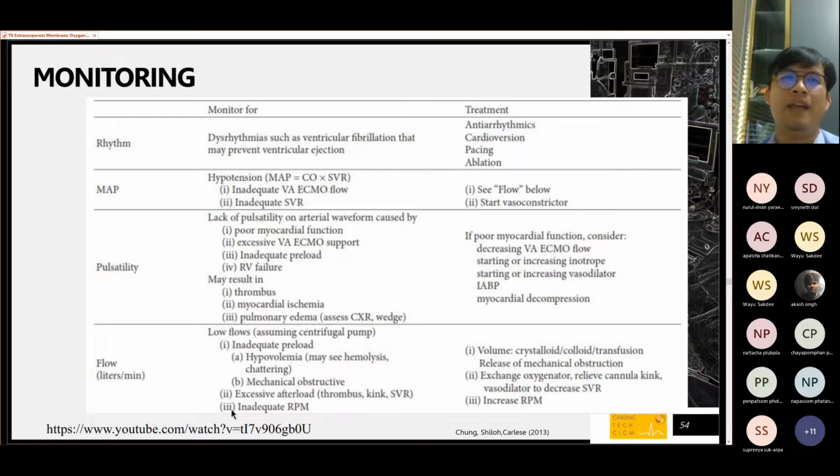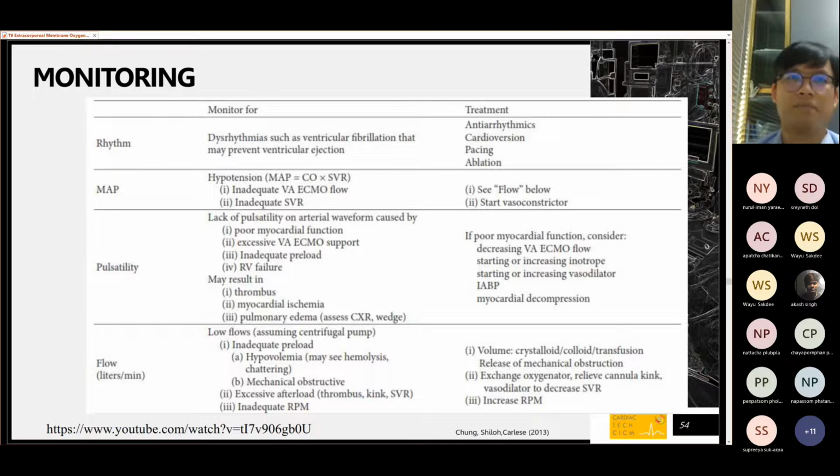Another factor is that you need to check the RPM. Let's see the RPM in the record chart. If the record sheet shows a change in the RPM, it might be because the flow dropped. So you can see someone has decreased my flow.